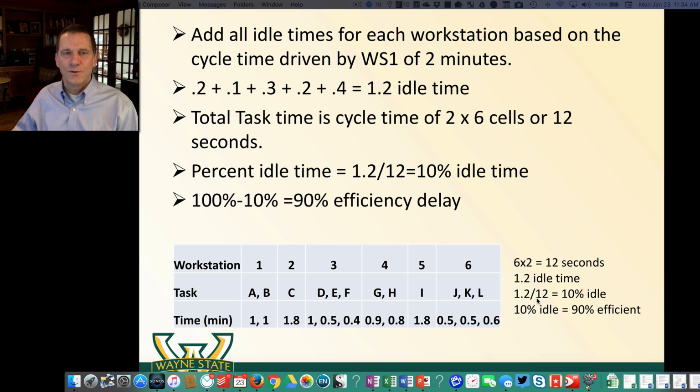That 1.2 divided by the 12 seconds gives us a 10% idle time, and 10% idle is 90% efficiency delay. The lower the idle time and the higher the efficiency, the better.